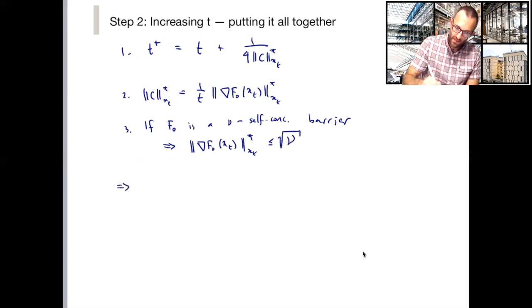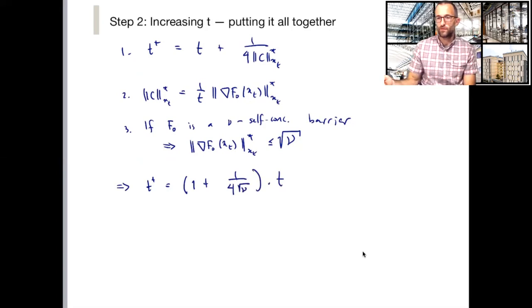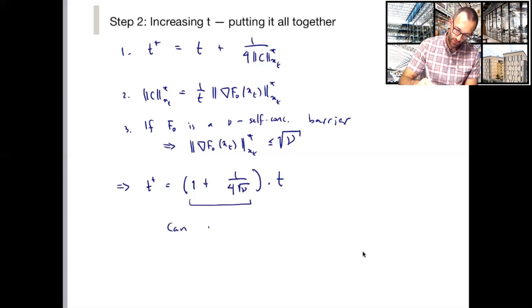And so this tells me that t plus is equal to 1 plus 1 over 4 square root of nu times t. For log, nu was equal to 1. So we just had 1 plus a quarter times t. And you'll notice that in here, there's no dependence on x, there's no dependence on t. So that means that I can increase t at a linear rate, which is exactly what we've wanted. We can increase t at a geometric rate.